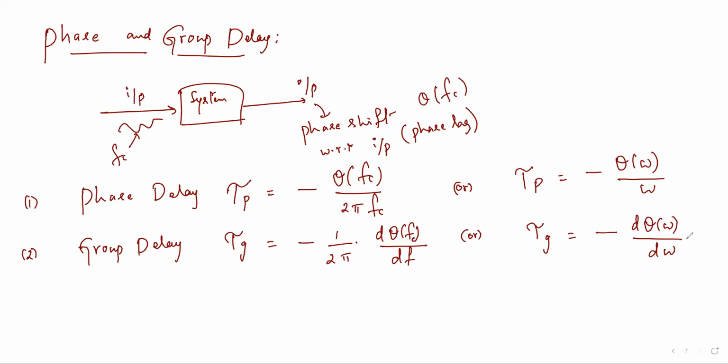Actually, the first one is called carrier delay. This is called true delay actually, actual true delay. Or we can also call it group delay or envelope delay. It's called envelope delay. This is called the true signal delay.